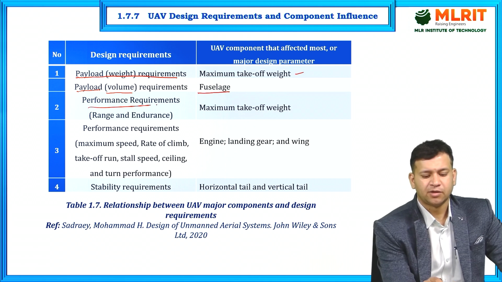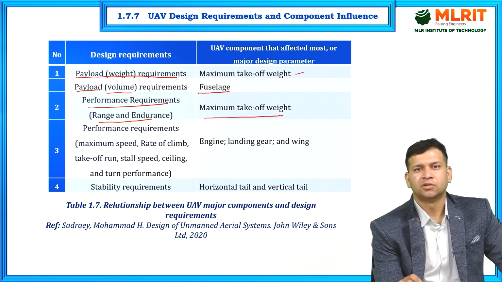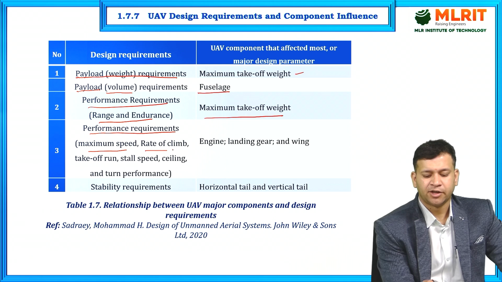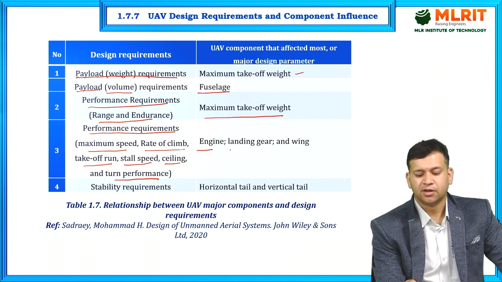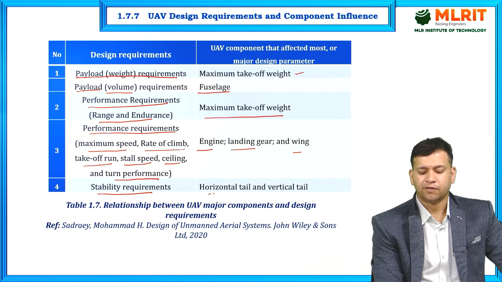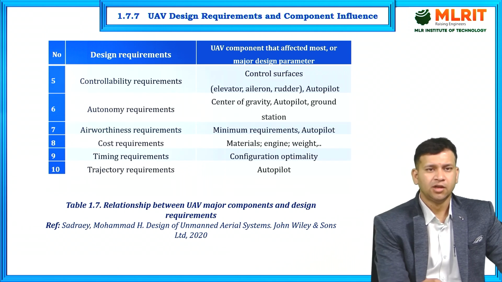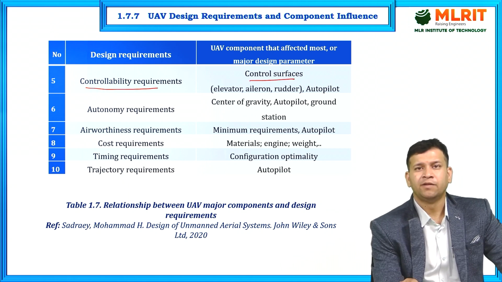Then performance requirements, range and endurance, will affect MTOW, that is maximum takeoff weight. Performance requirements like maximum speed, rate of climb, takeoff run, stall speed, ceiling, and turn performance will affect engine, landing gear, and wing. Stability requirements will affect your horizontal tail and vertical tail design. Controllability requirements will affect your control surfaces, for example elevator, aileron, rudder, or autopilot.